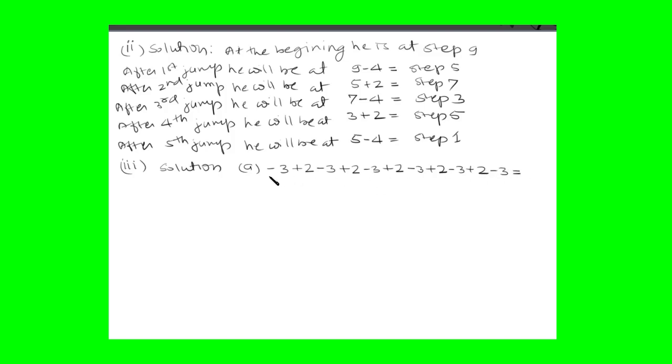So we just check it. Minus 3, then minus 3 is minus 6, then minus 9, then again minus 3 is minus 12, then minus 15, and then minus 3 equal to minus 18.